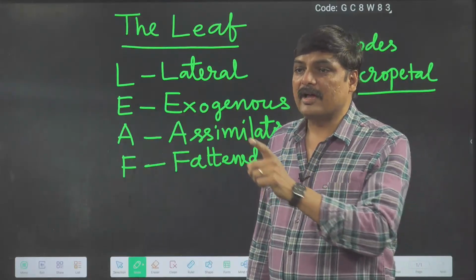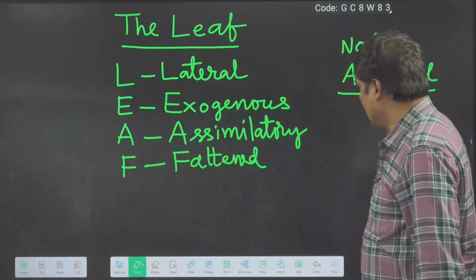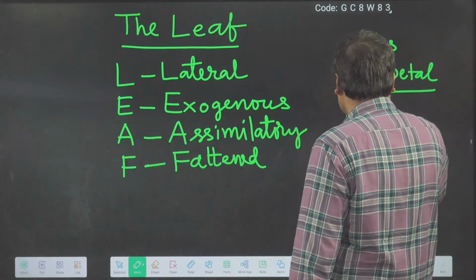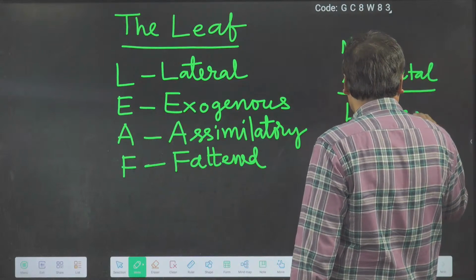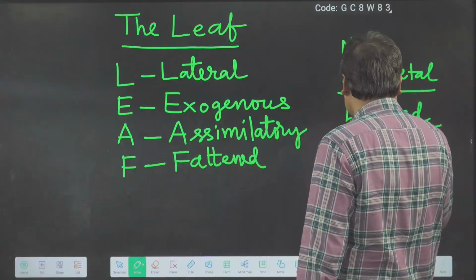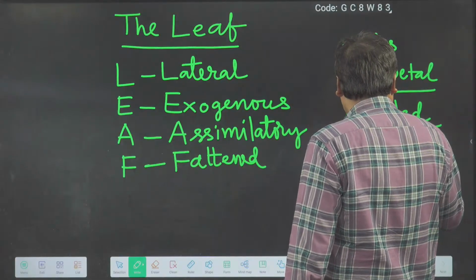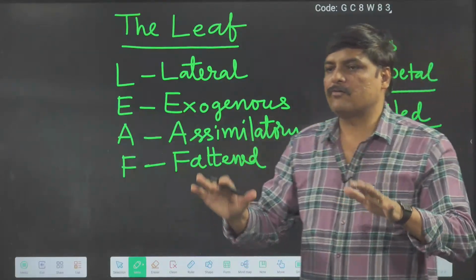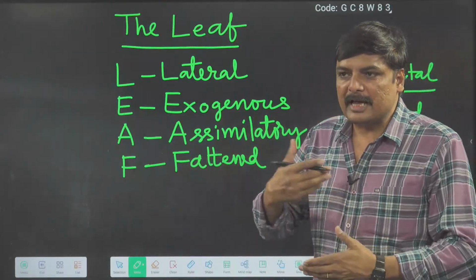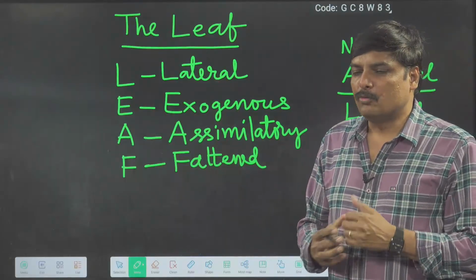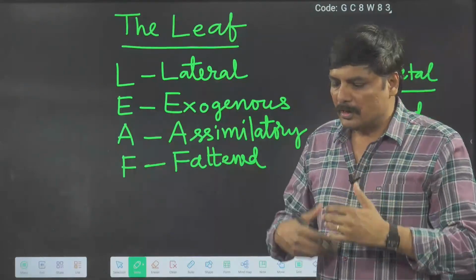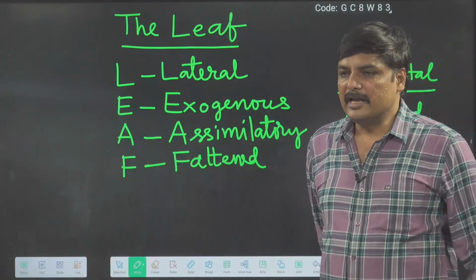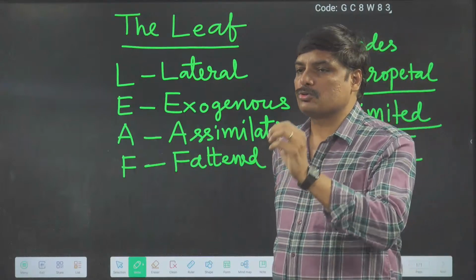And leaves show limited growth. That means after a certain period of growth, the leaves fall off and new leaves are produced again.